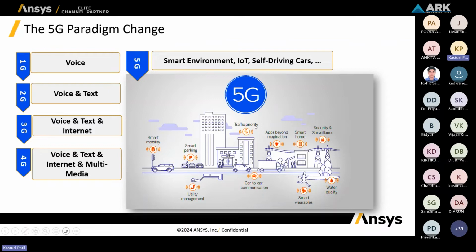In 5G we have smart mobility, smart parking, car to car communication, smart wearables. We are already using smart home, smart security. So everything is a little bit advanced compared to 1G, 2G, 3G and 4G.